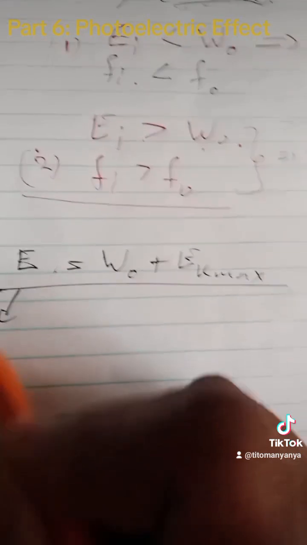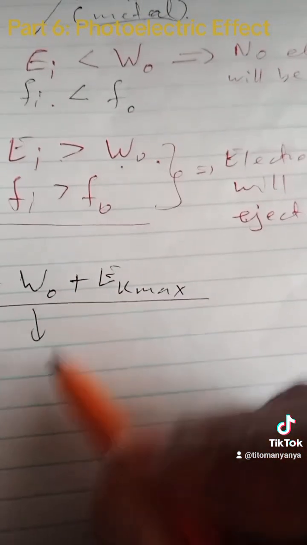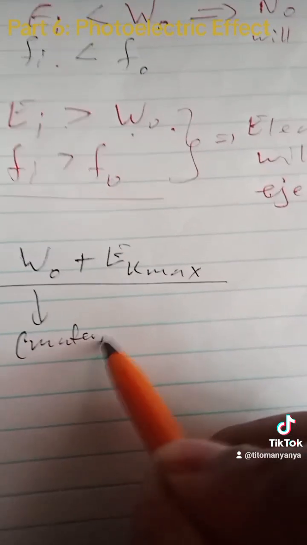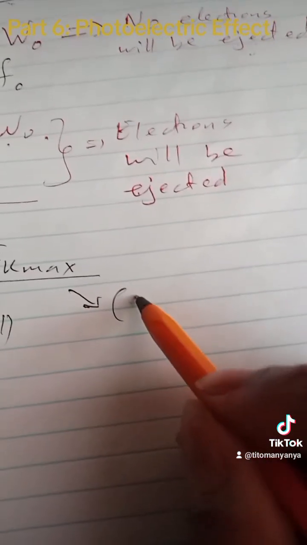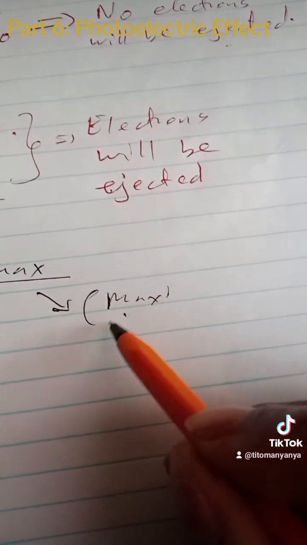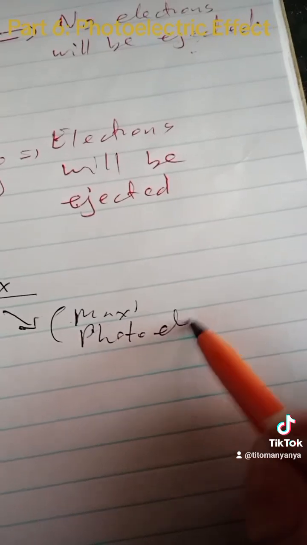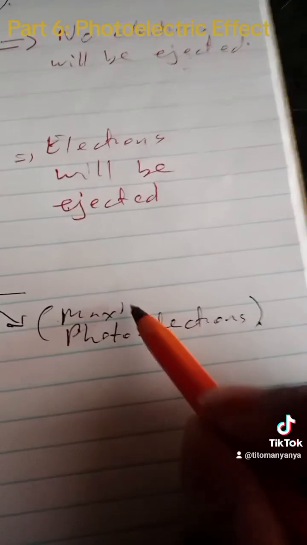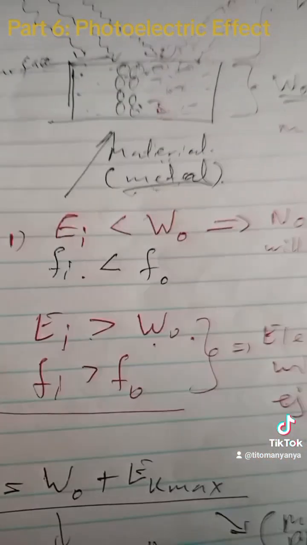This is the energy of the photon, this is the work function of the material, and this is the maximum kinetic energy of the photoelectrons.